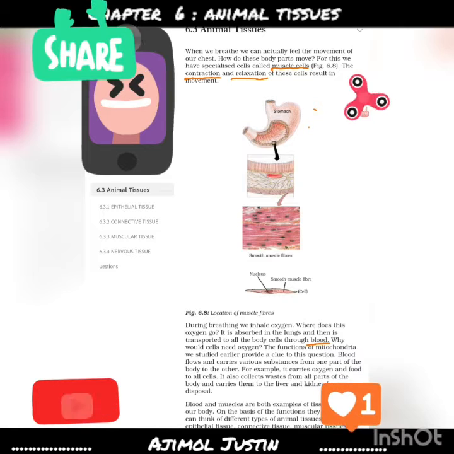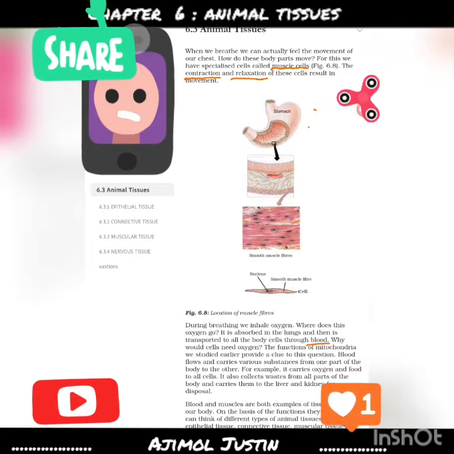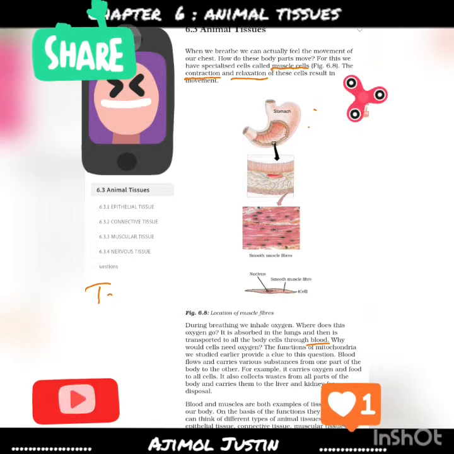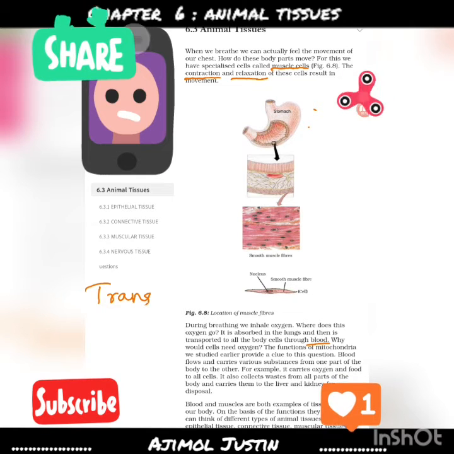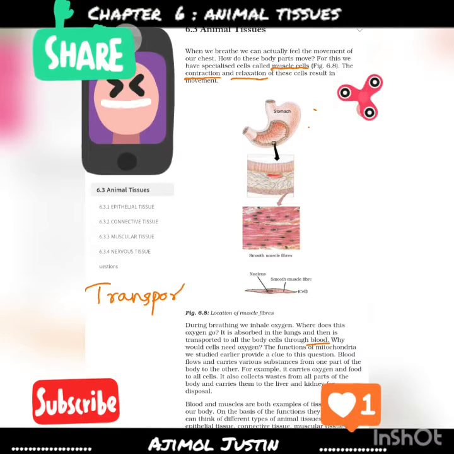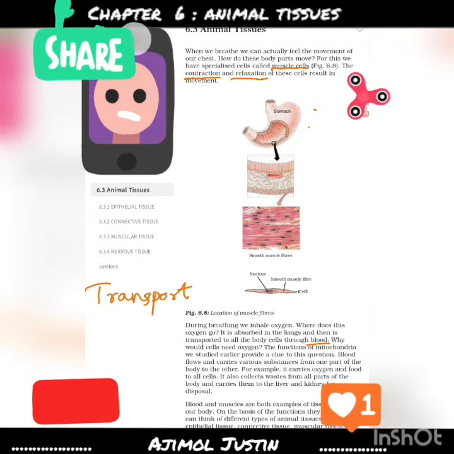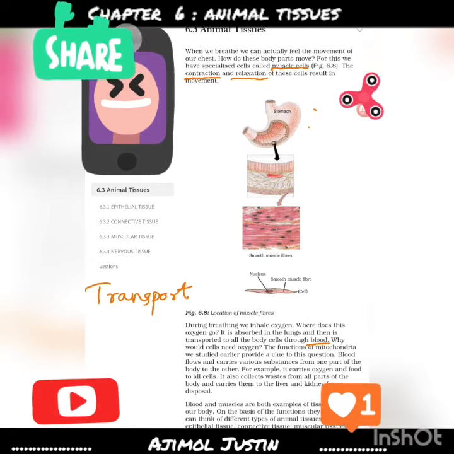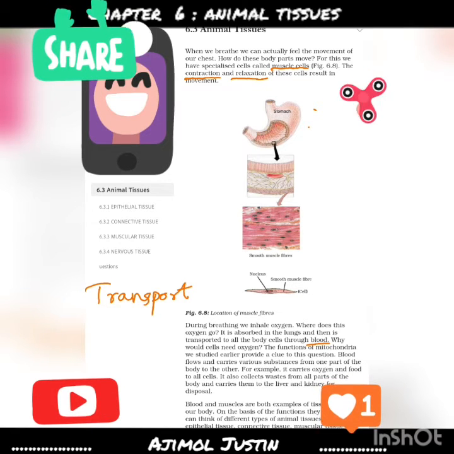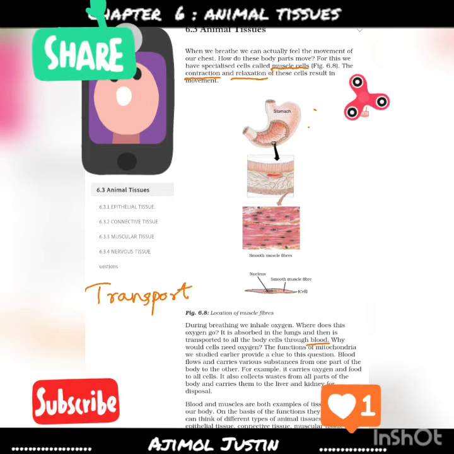So the main function of blood is to transport, right? Whatever is there in the blood will be transported all over the body, right? So the main function of blood is to transport various materials.